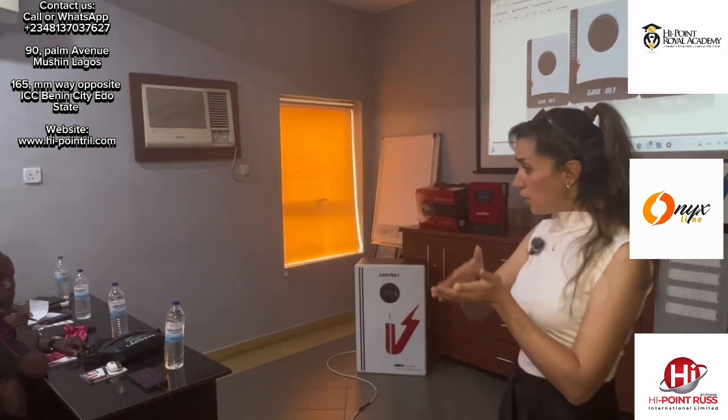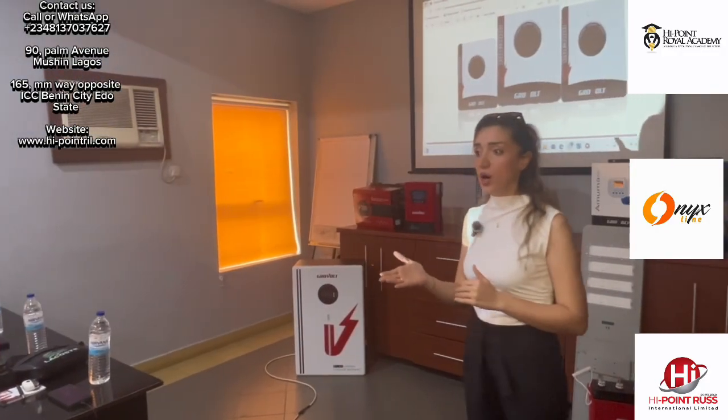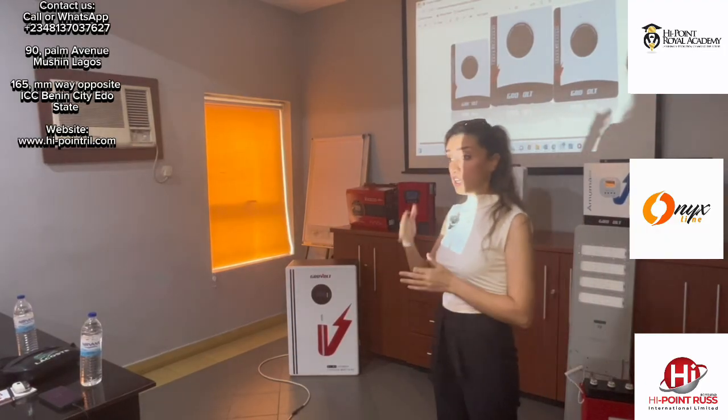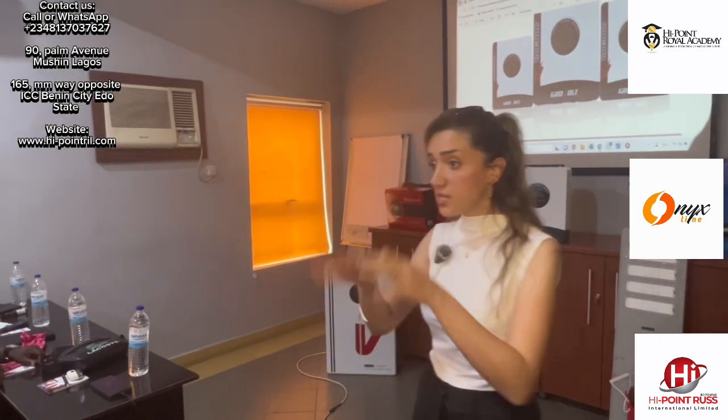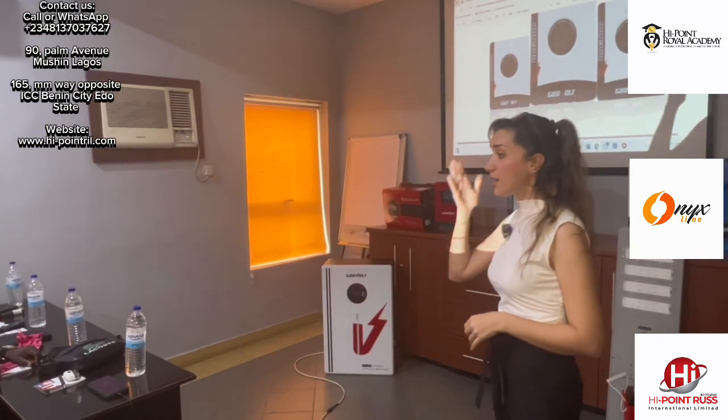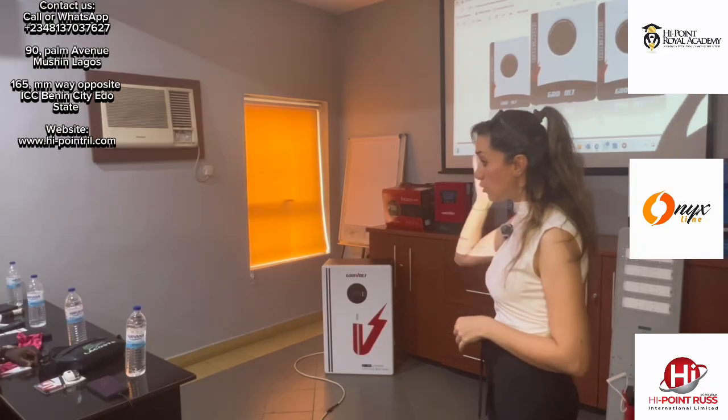In low frequency inverter, the PV input for 1.5 is 800 watt. But here, for 6 kilo Ragnar, the PV input is 6 kilowatt also. The same capacity of the inverter, you can add panel. Same capacity of the inverter, same capacity of the panel.